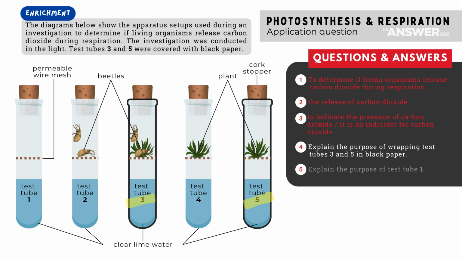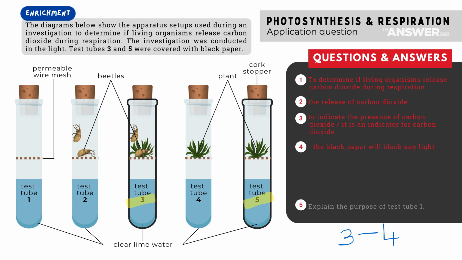Question 4. Explain the purpose of wrapping test tubes 3 and 5 in black paper. So this could be a question for about 3 or 4 marks because it's an explain question. And you have to explain why it's important for these particular 2 test tubes to be wrapped in black paper. So the black paper is going to block any light, because remember, all of the test tubes are being exposed to light, but the black paper prevents that light from entering these specific 2 test tubes.